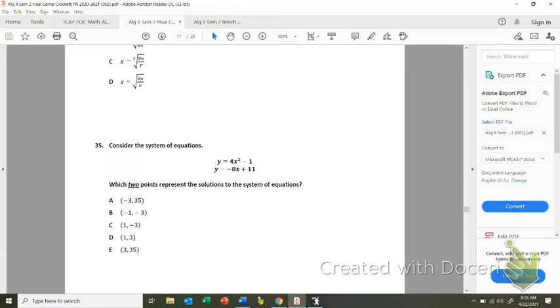35. Consider the systems of equations. So when you have a systems of equations, you are looking for when those 2 lines, what? Where they intersect or where they meet, okay?